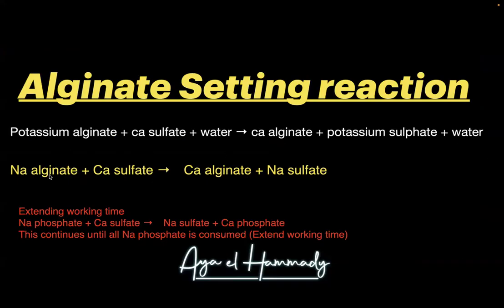Here, the sodium alginate with calcium sulfate will give me calcium alginate and sodium sulfate. So I have two types. Why do we have two types? Due to the extent of time, which is better to give me the proper working time.